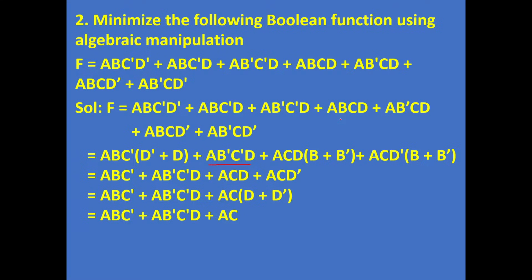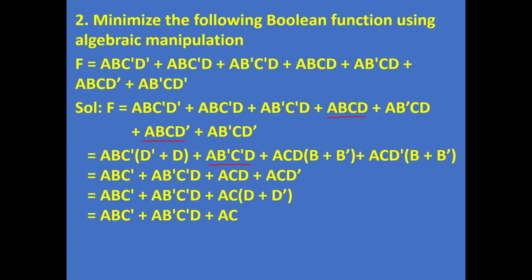If you observe this term and this term, A, B, C, D, A, B, C, D bar. Here you can take A, B, C common and you can write D plus D bar.